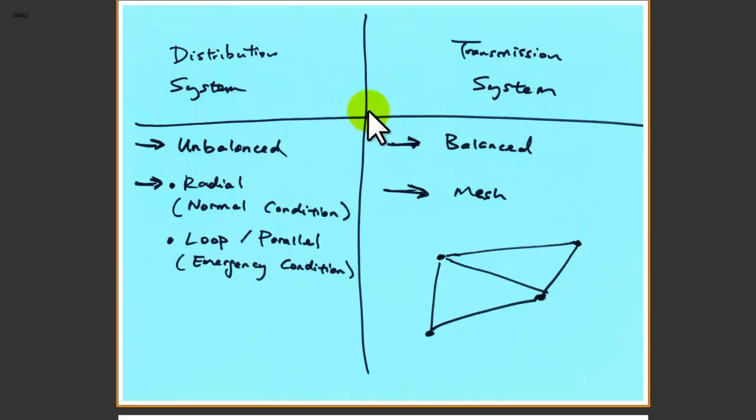As you can see, one of the reasons why you need this course is to handle distribution system characteristics, which are very different and that we have to address.